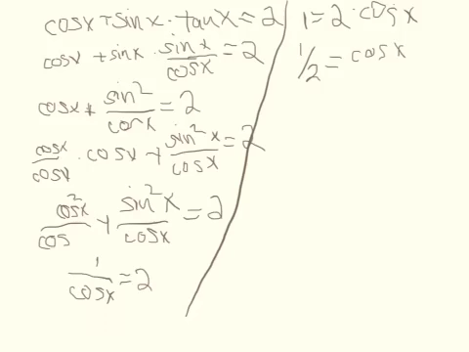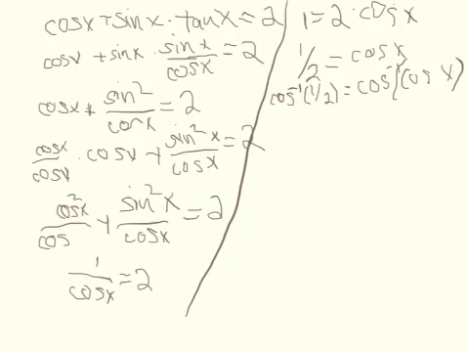Now this is messy, but we're almost there. We take inverse cosine of both sides, so we get cosine to the negative 1, which is really just inverse cosine of 1/2, equals inverse cosine of cosine x.